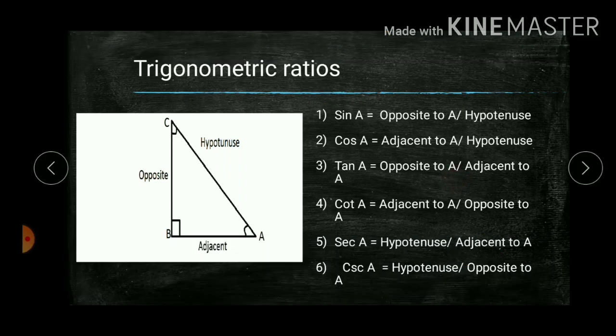Now I want to explain to you about sine A: opposite by hypotenuse. If you take A here, theta is angle A, and sine A is the opposite side by the hypotenuse.